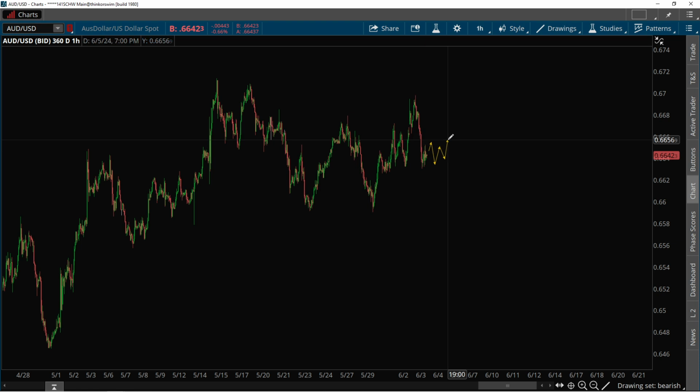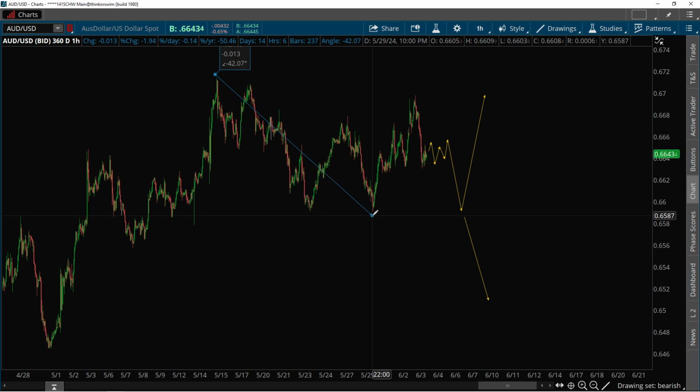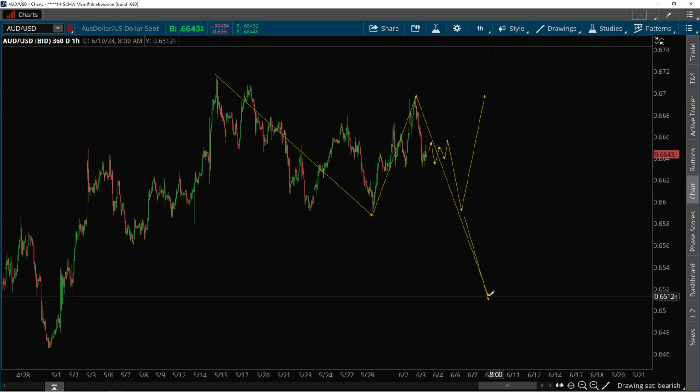Larger B wave, and then we drop, and then we're going up, and we're just making a flat right here, all right? Last possibility is it keeps on running down to the 1618 because this is a leading diagonal, wave 1, wave 2, wave 3. All right, so those are your possibilities on Aussie dollar.